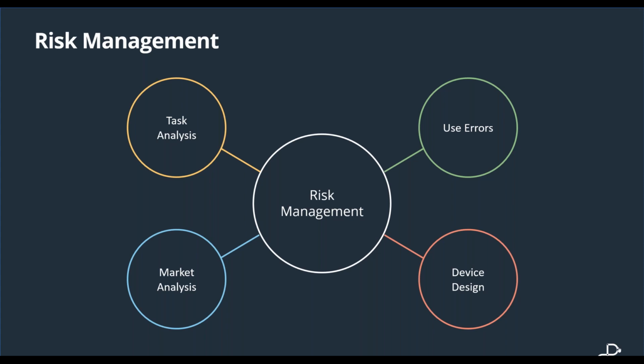It's also obviously worth looking at any existing market or complaints data. MAUDE in the US is a particularly good source for some of this as well, but it's not the only thing, and allow that to inform your risk management.